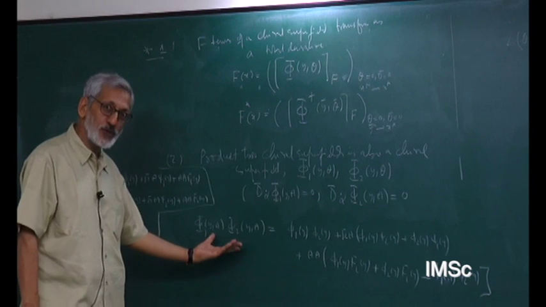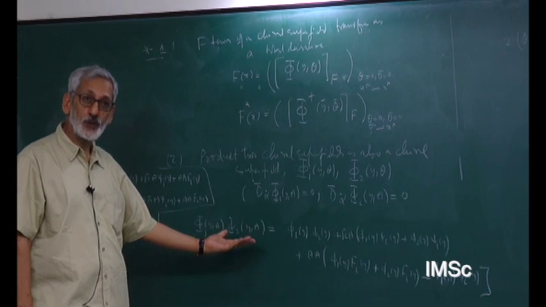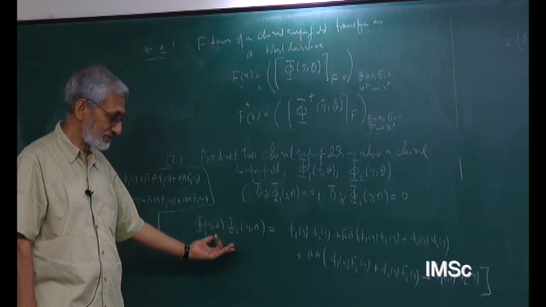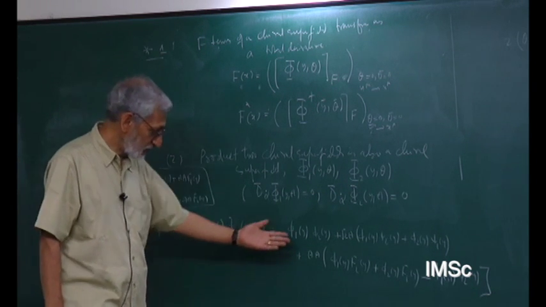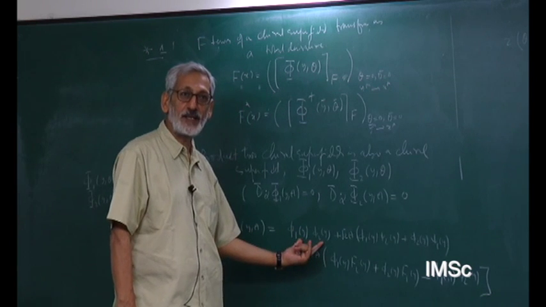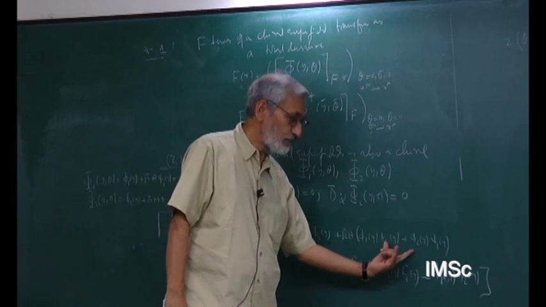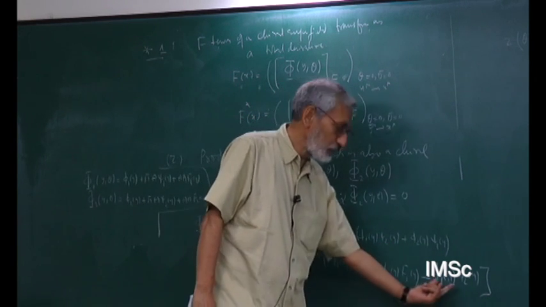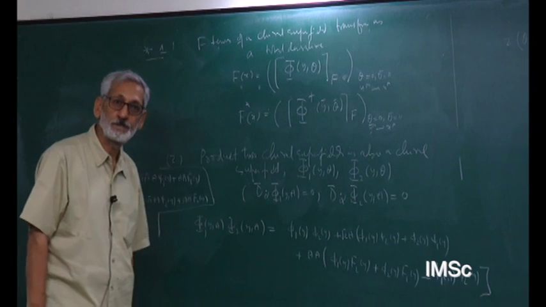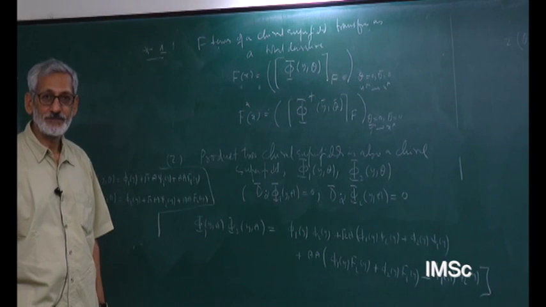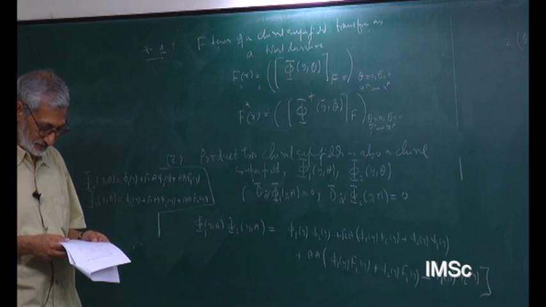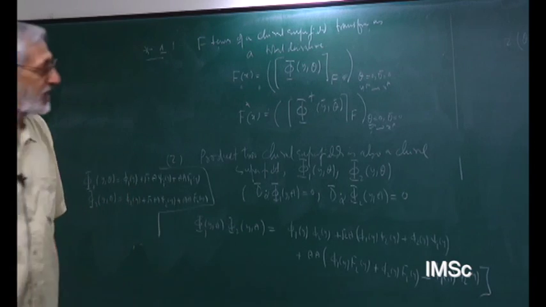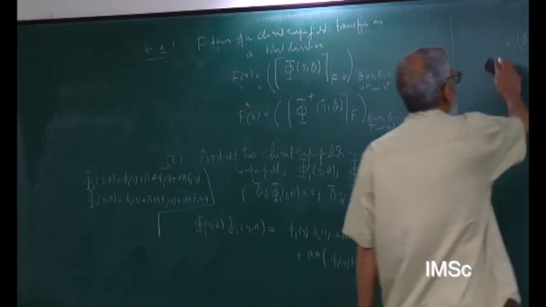So this gives us rules of how to write the product of two chiral superfields. And now this is the product chiral field with the first theta-less component as this one, single theta component as this one, fermionic component, and two theta component, this one minus this one. Now this was discussion about the product of chiral superfields.